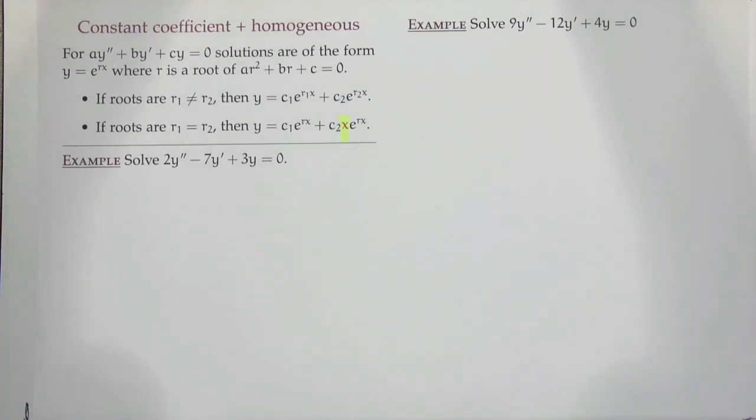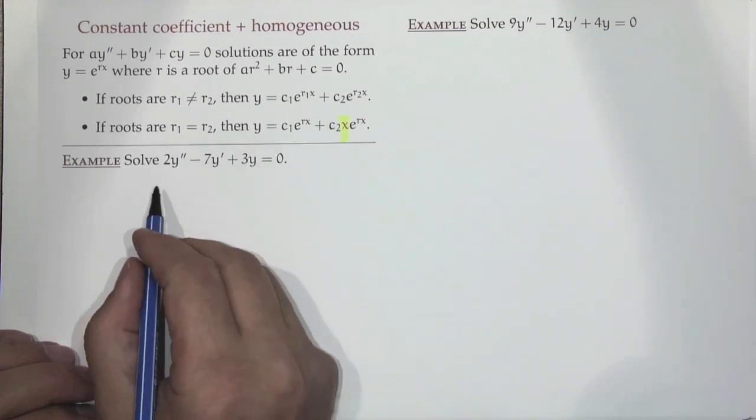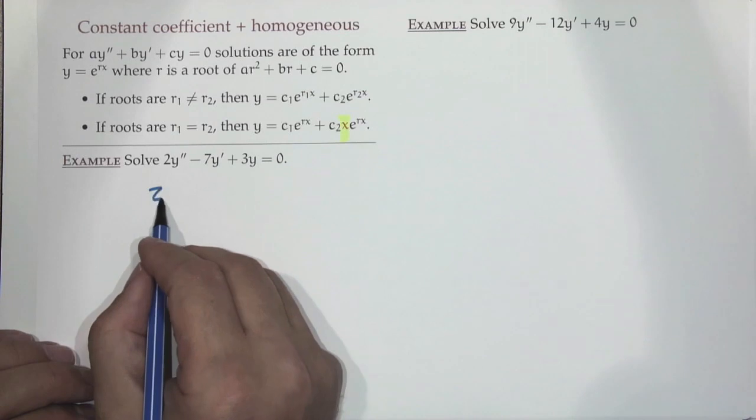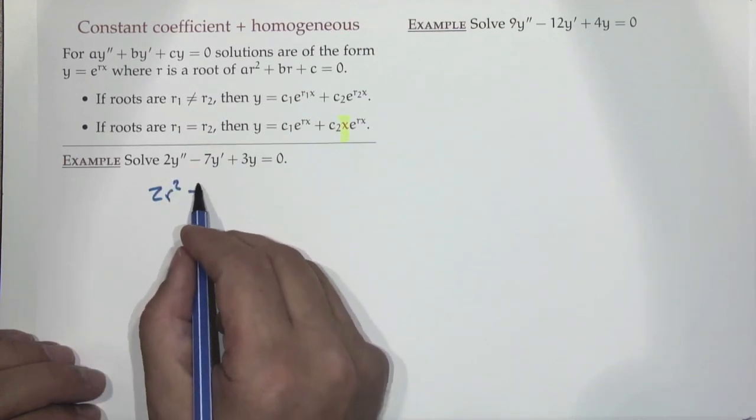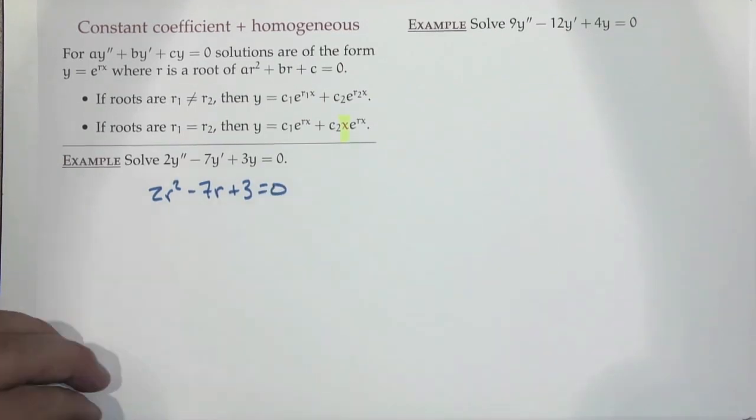All right, so we have enough time to solve one of these. Let's solve this one. So how does it work? Well, what's the polynomial I need to solve? 2r squared minus 7r plus 3 equals 0. All right, polynomial. You have to solve it.